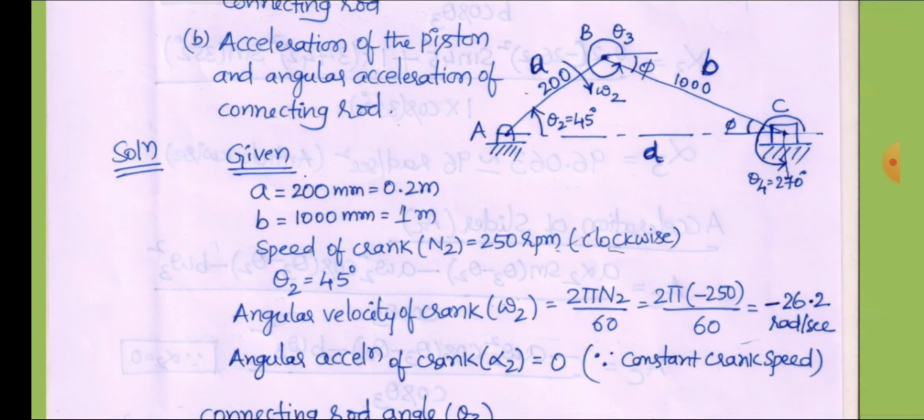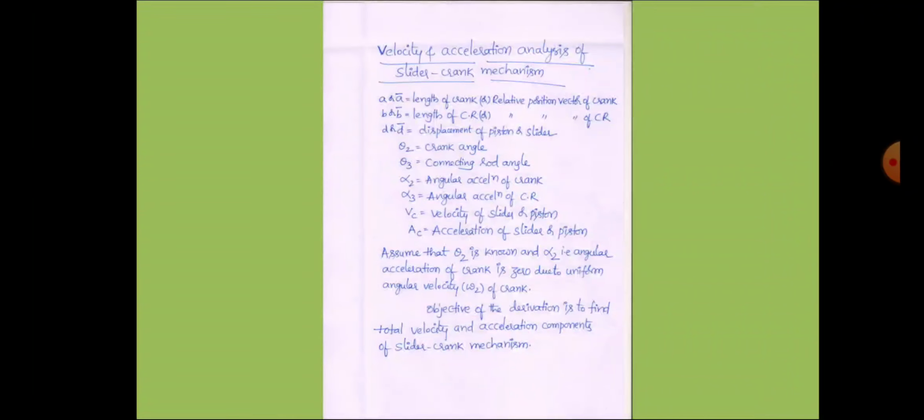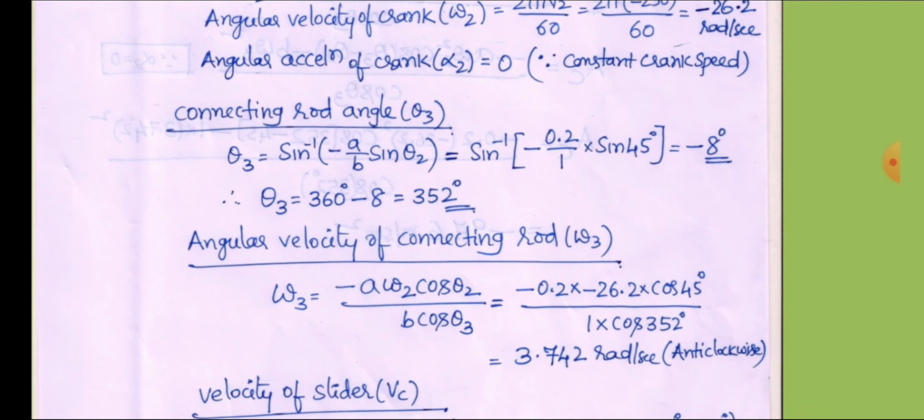Now take the first formula. What is our first formula? Connecting rod angle theta 3. So theta 3 is equal to sine inverse of minus a by b into sine theta 2. That is from our formula list. What is a? 0.2, and b is 1 and theta 2 is 45. You substitute all these known values and simplify.